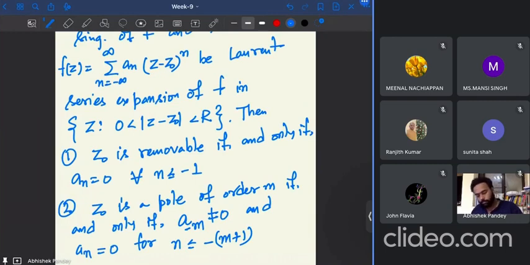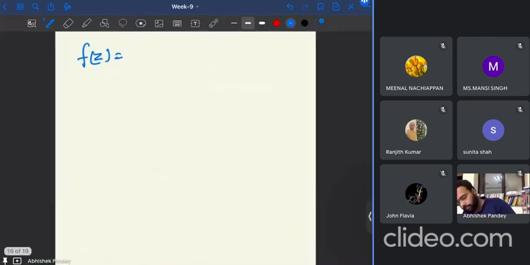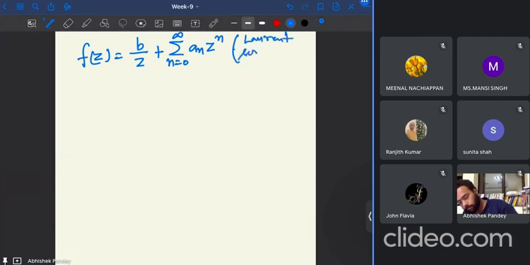So let us write it as b by z plus summation n equals 0 to infinity a_n z to the power n. This is the Laurent expansion about 0.